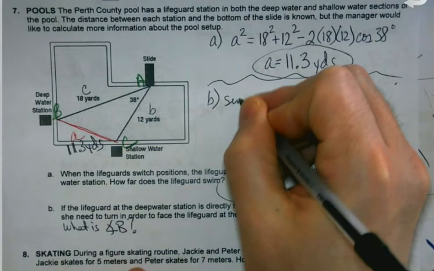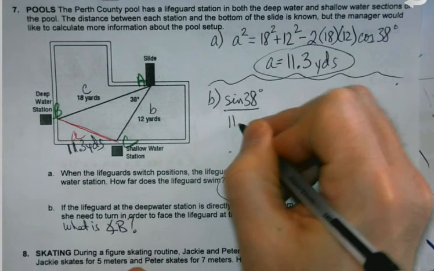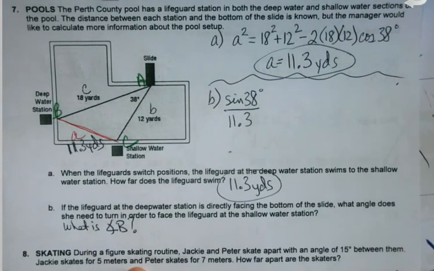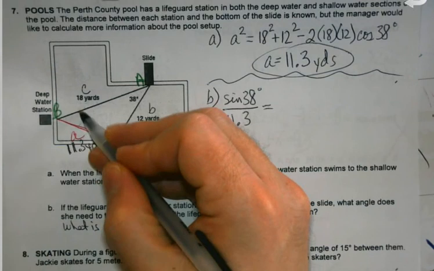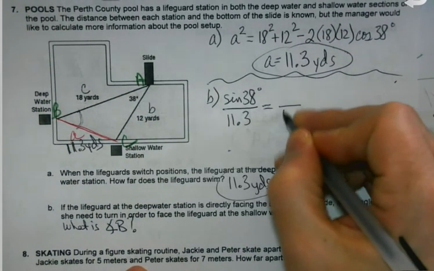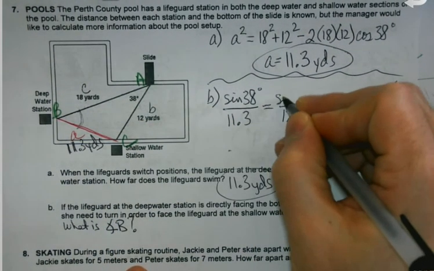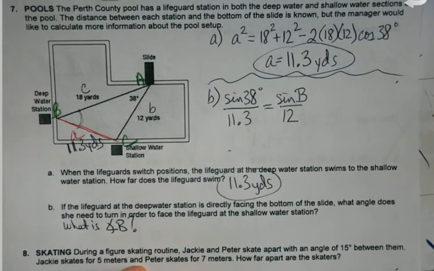So I've got the sine of 38, my angle A, over my side A, 11.3. And if I'm looking for angle B over here, I know what side B is. I want to know what angle I'd be going to.